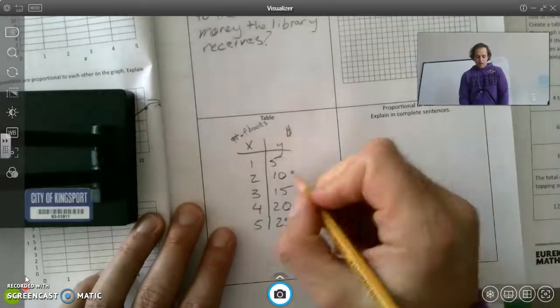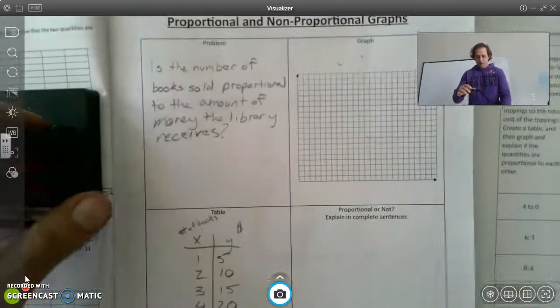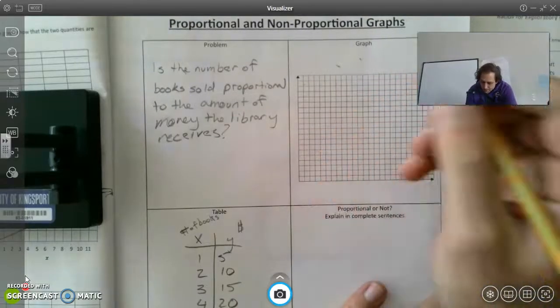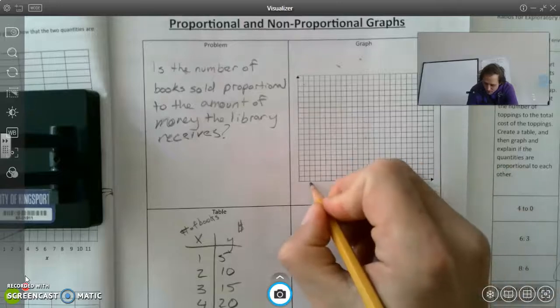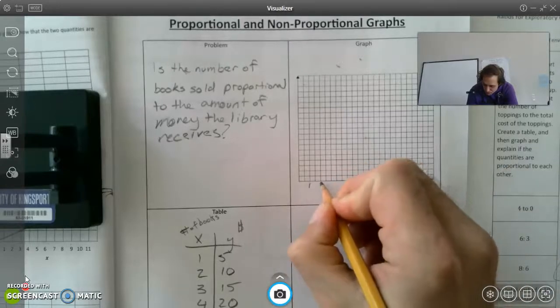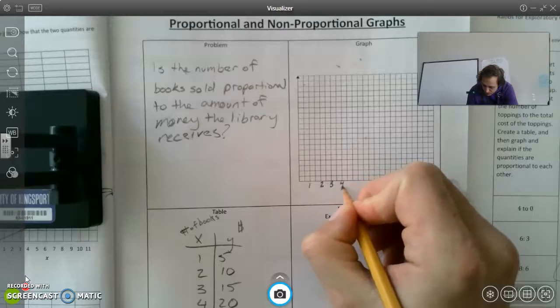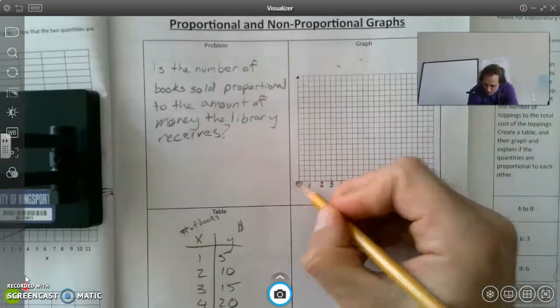Okay, now let's take this up here and let's graph it. I'm actually going to go in the X. Each box is going to be worth 1/2. So 1, 2, skip 1, 3, skip 1, 4, skip 1, 5. Okay, just to spread those out some.